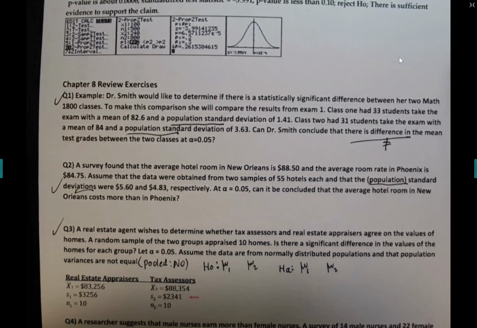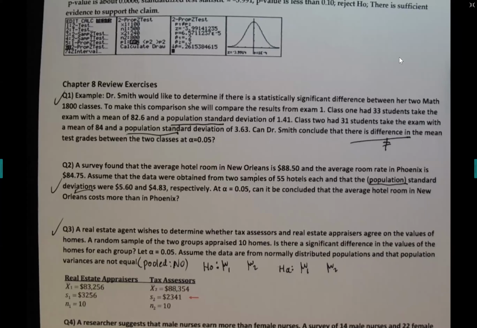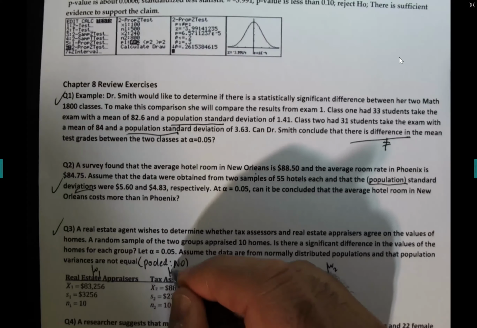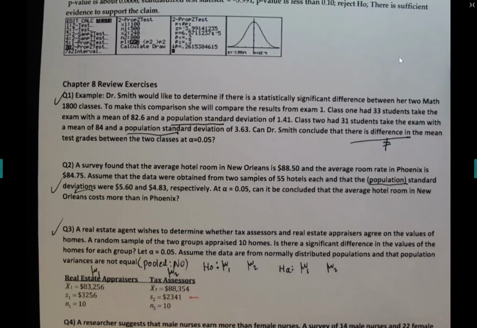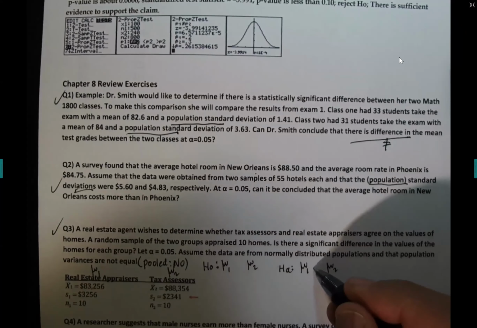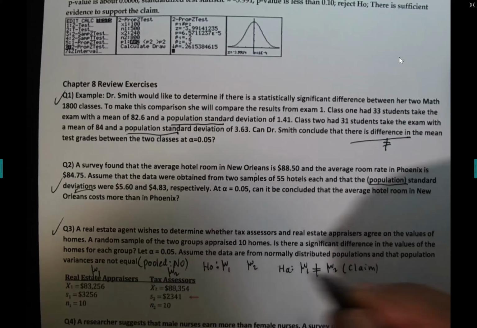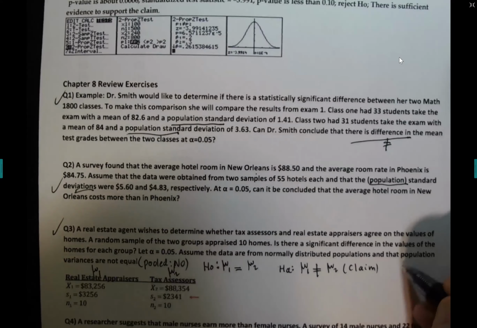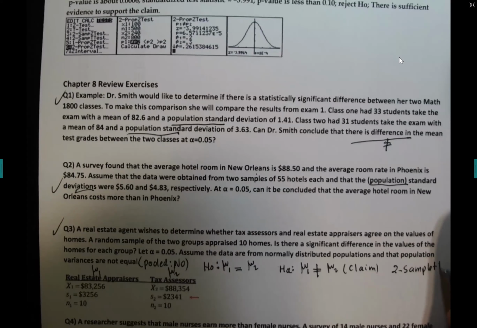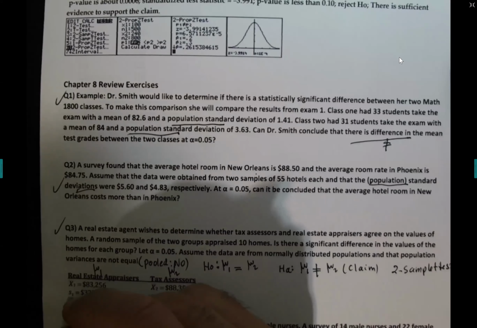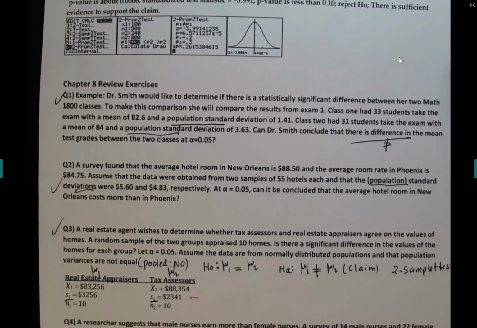That's mu1, guys, and that's the second mean, the average. Significant difference means not equal, and that's equal. And you guys agree with me, it's going to be a 2-sample t-test. Why? Look, he gave me S1 and S2, not sigma 1 and sigma 2. So let's perform that.